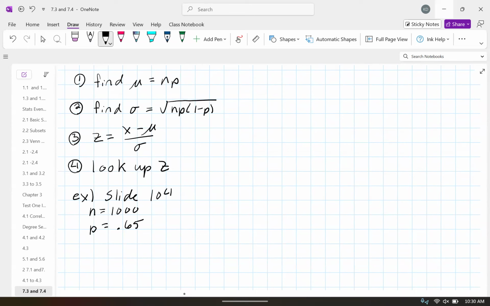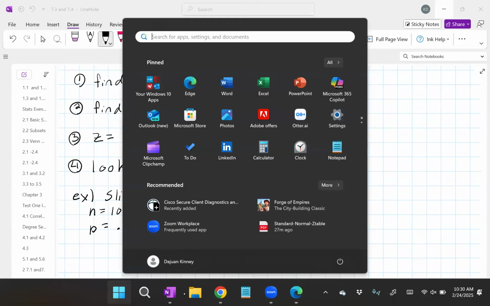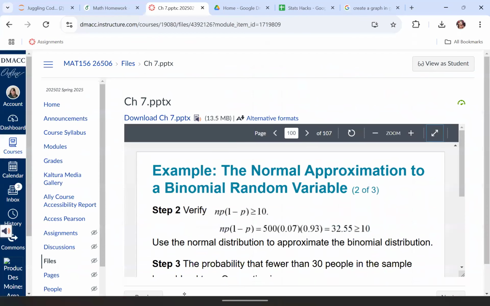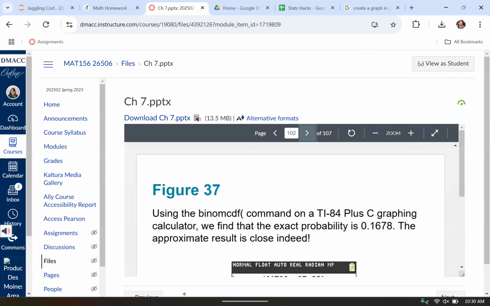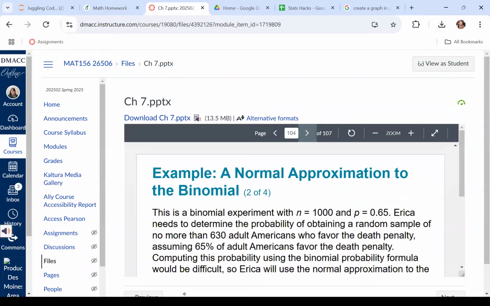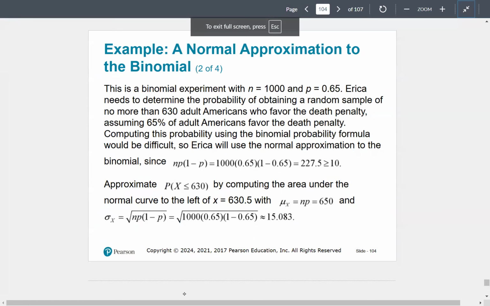Okay, so I said slide 104, and we will flip there quick like, maybe. This one. Okay, another binomial experiment. We have 1,000 participants, and the probability of success is 0.65.